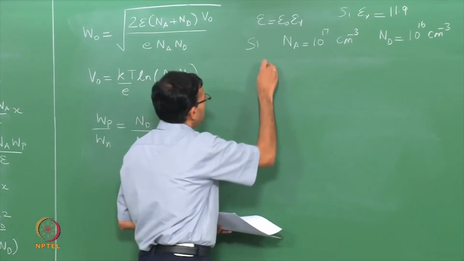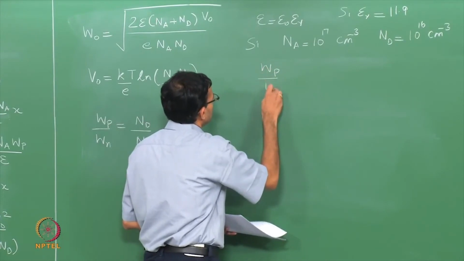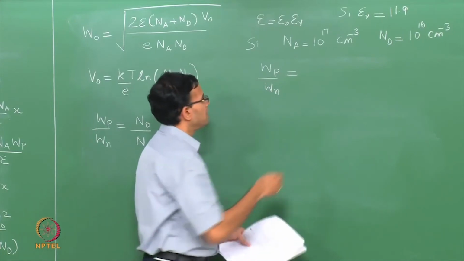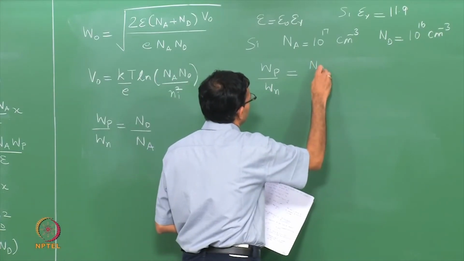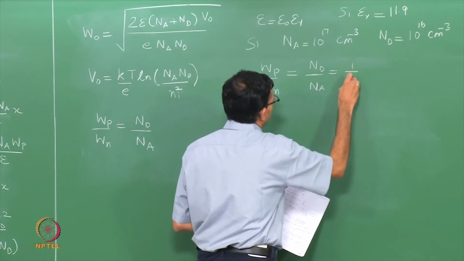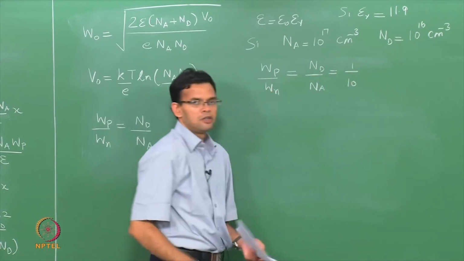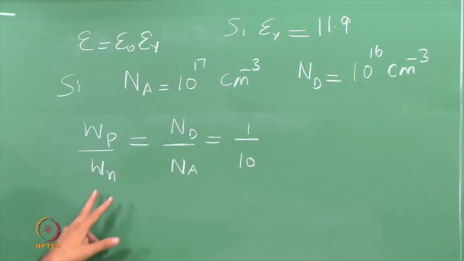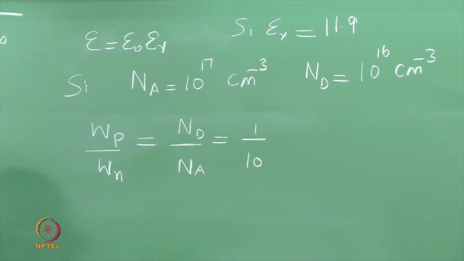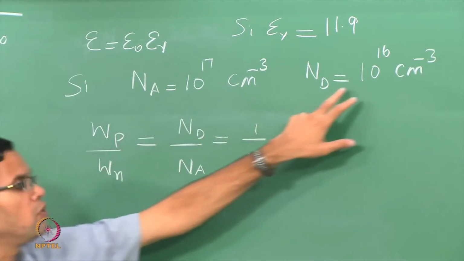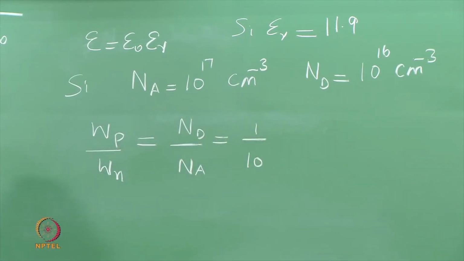So, Wp over Wn is nothing but Nd over Na, which is 1 over 10. So, the width of the depletion region on the P side is 10 times smaller than that on the N side, and that is because the concentration of acceptors is 10 times more than the concentration of donors.